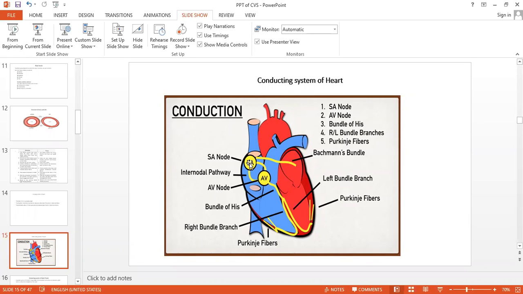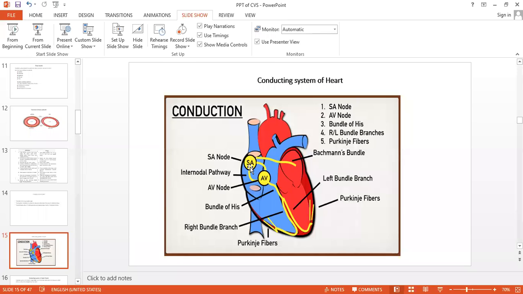This SA node is present in the right auricle. It is located just below the superior vena cava, just before the opening of the superior vena cava. We also call this the pacemaker.